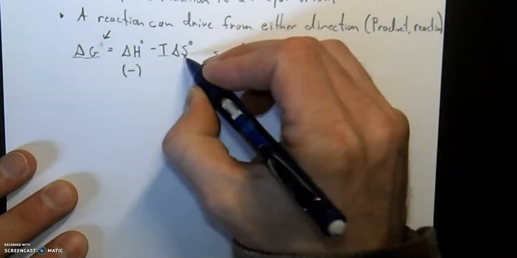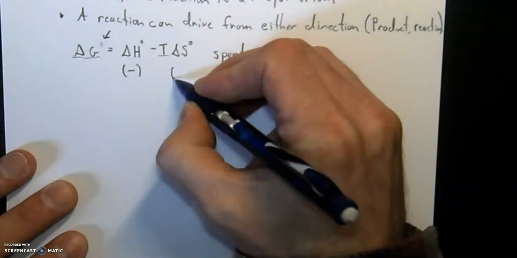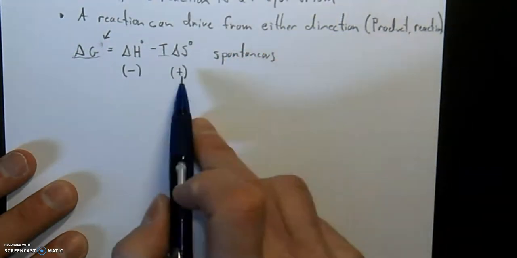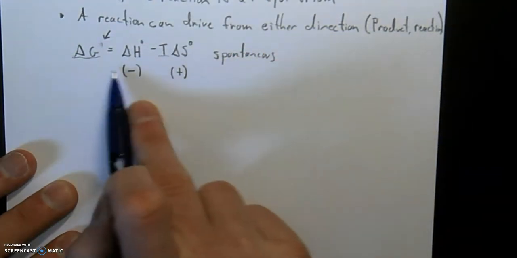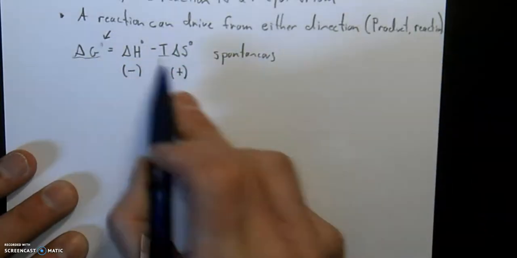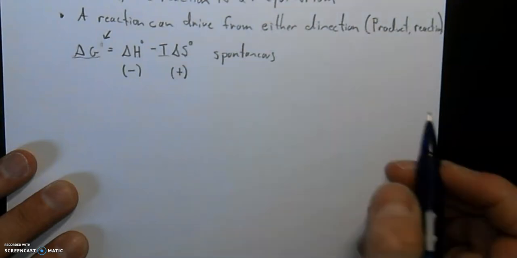And if we want delta S, now that we understand that, to be spontaneous, we probably would want that to be positive. And if you look at how the math works out, anything that's positive, anything that's negative, this is always going to be negative over here because of this minus sign right there. So it's always going to work out that way.